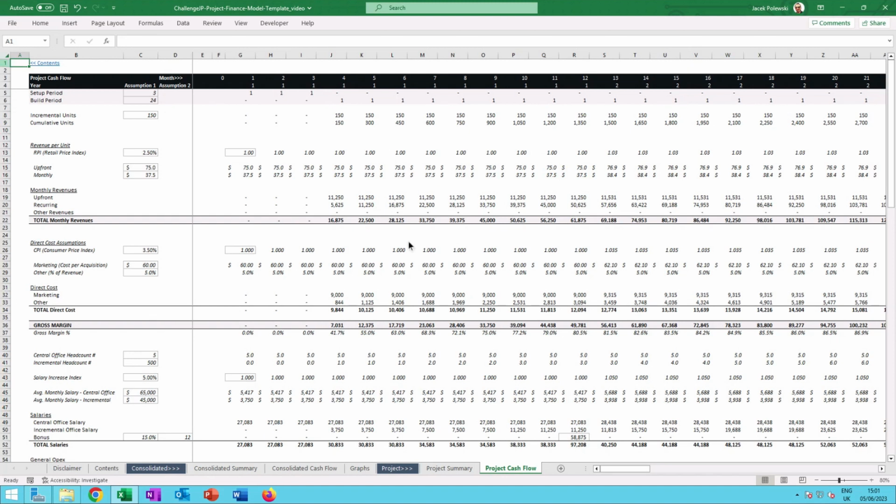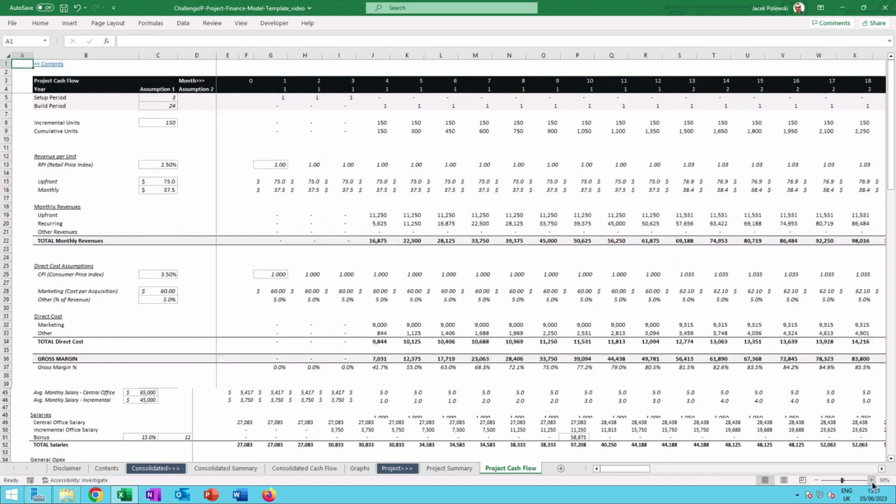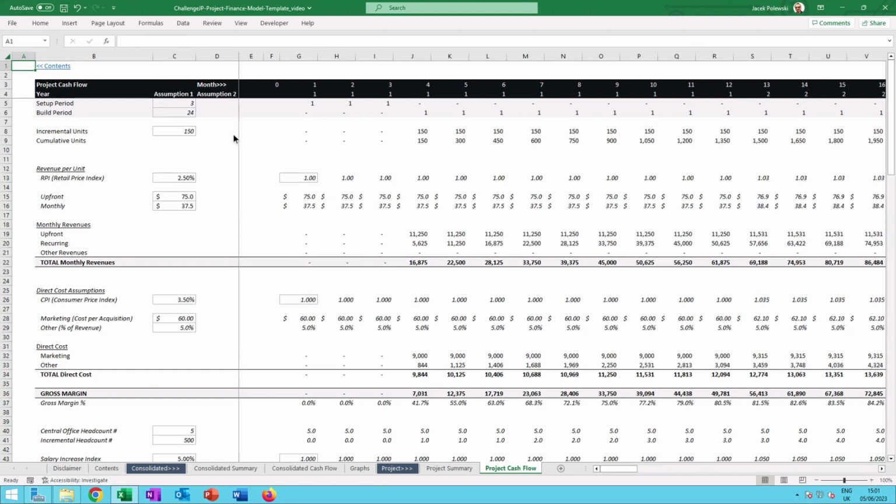Okay, so you will see in here that I start my models by having the drivers on the top of the spreadsheet, and then the inputs into the model listed on a monthly basis, and then the output of the calculation that follows that. So for example, let's assume that this is an infrastructure project.